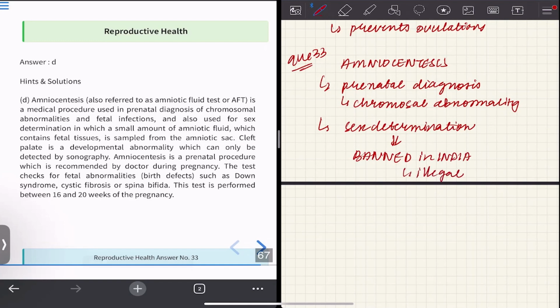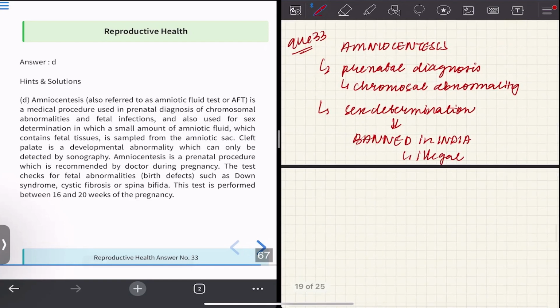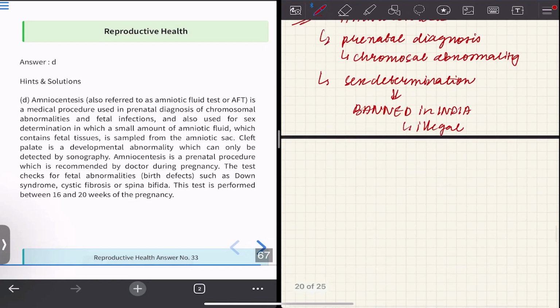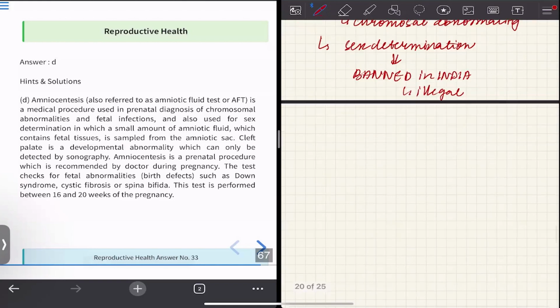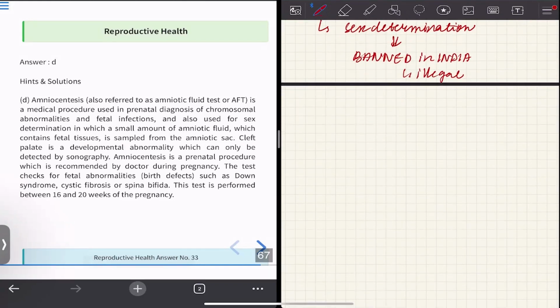Okay. So, how is this process done? In this, we take a small amount of amniotic fluid, which contains fetal tissues, and it can be done for the diagnosis of cleft palate. So, what is cleft palate? It is a developmental abnormality which can only be detected by sonography.